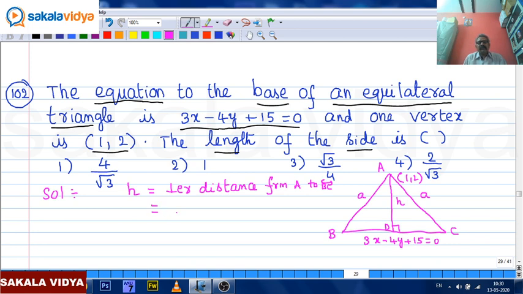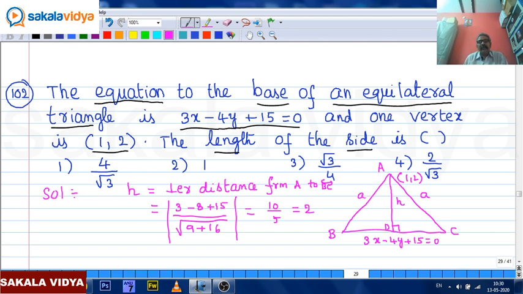That is equal to mod of 3 minus 8 plus 15 by root of 9 plus 16. This will be equal to 10 by 5, which is 2.